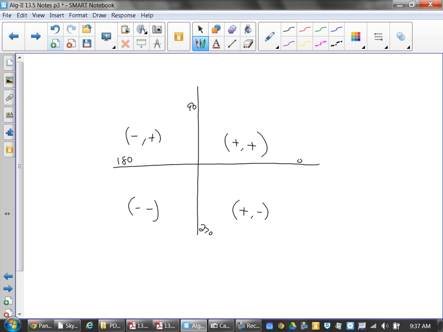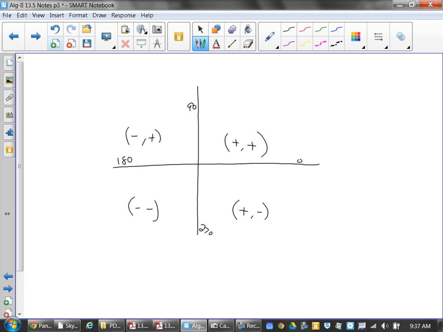As we develop more into this unit, you're going to learn about the xy coordinates in terms of sines and cosines. What happens here is that your sine values play the role of the y coordinate in an xy pair.